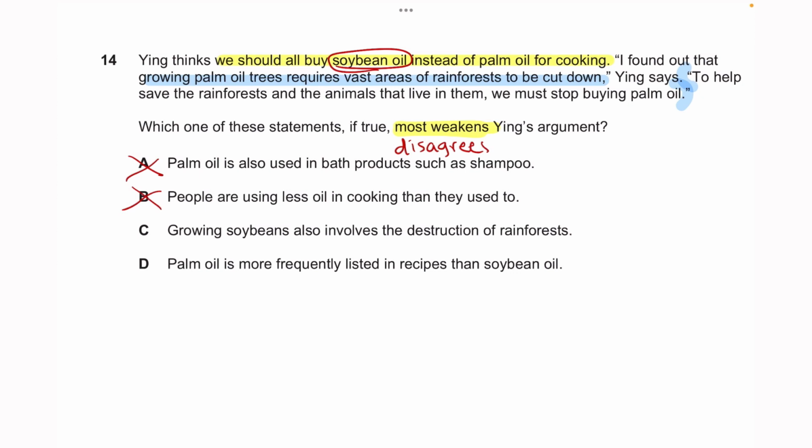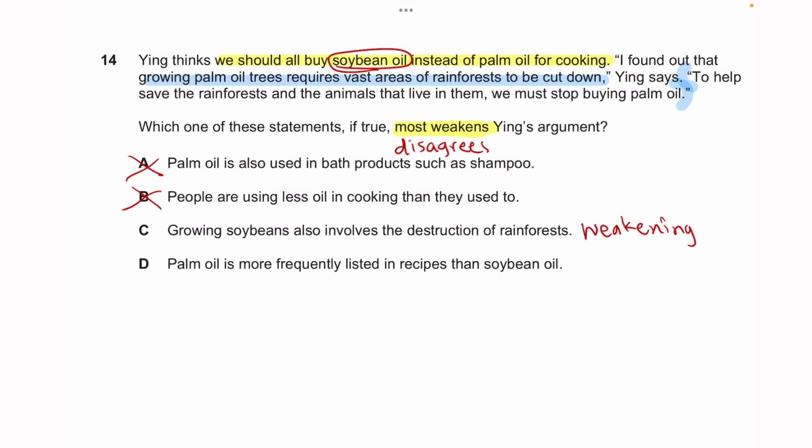Then we've got C. Growing soybeans also involves the destruction of rainforest. Now that is a weakening statement because the main reason why Ying is saying we shouldn't use palm oil is because it involves cutting down rainforest. But growing soybeans would also have to be the case.